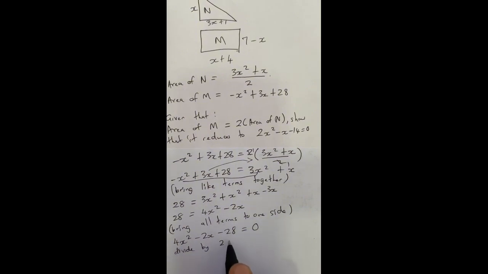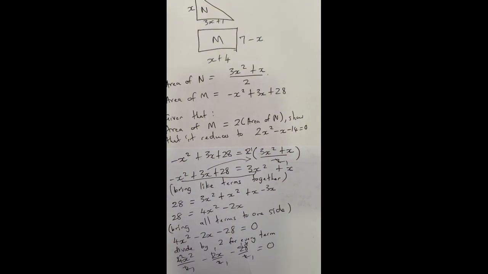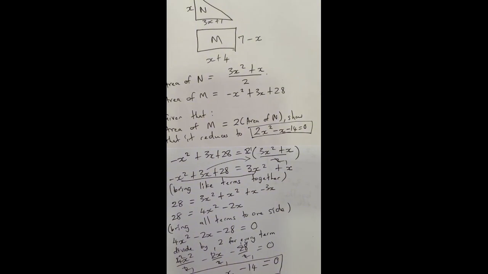So if we divide everything by 2, we're going to remain with 2x squared minus x minus 14. So we divide every term: 4 divided by 2 is 2, 2 divided by 2 is 1, 28 divided by 2 is 14, and therefore we're going to remain with 2x squared minus x minus 14 equals 0, and hence it's the same as the one which we've been given. So we've shown that it reduces to that.